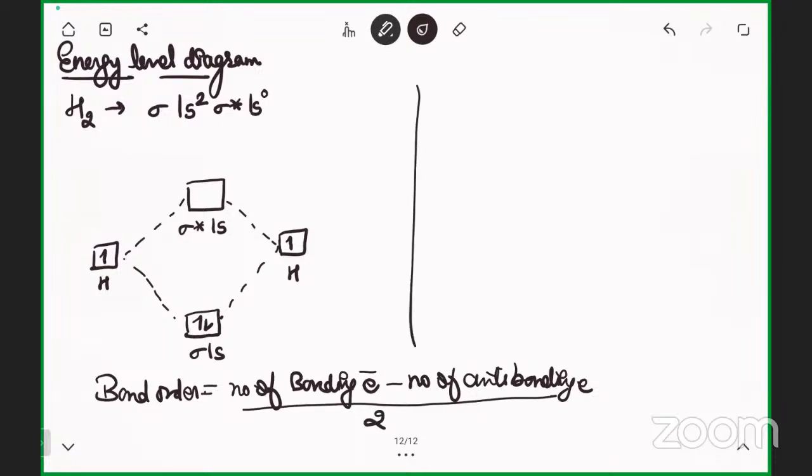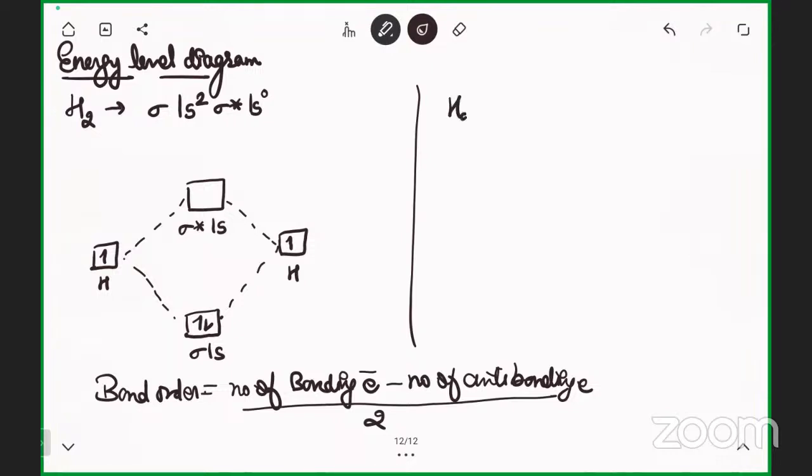So just tell me the bonding and non-bonding electrons. See, the ones which do not have a star are considered as bonding. The ones having the star are considered as anti-bonding, or non-bonding, you can say. Okay. So two types of molecular orbital we have studied: bonding molecular orbital and anti-bonding molecular orbital.